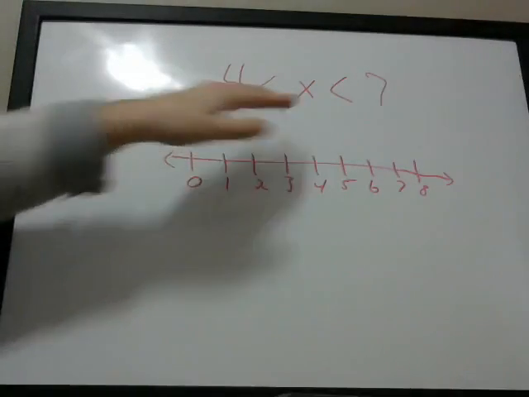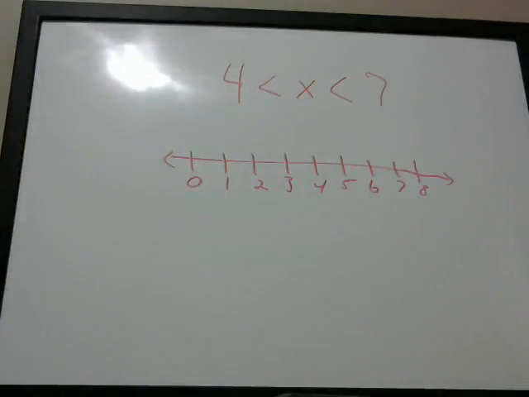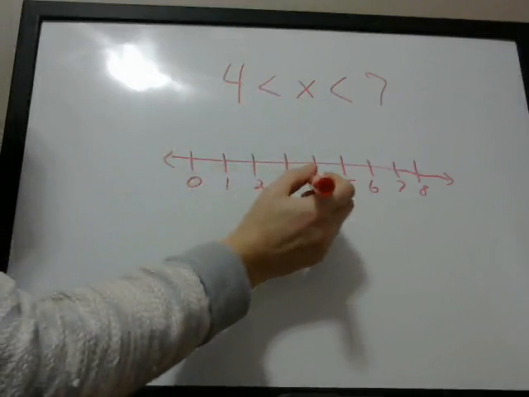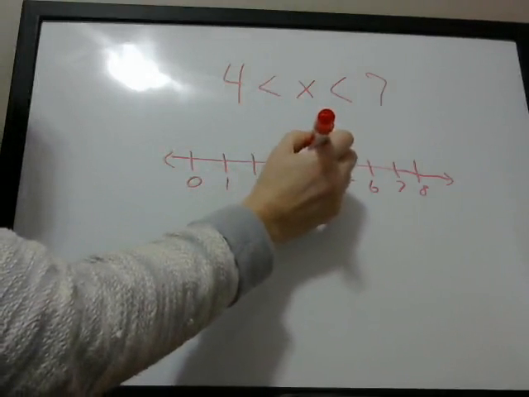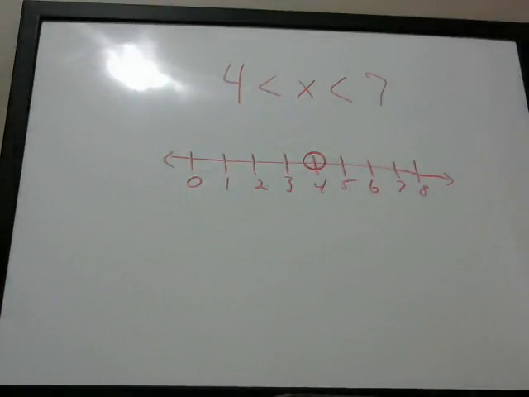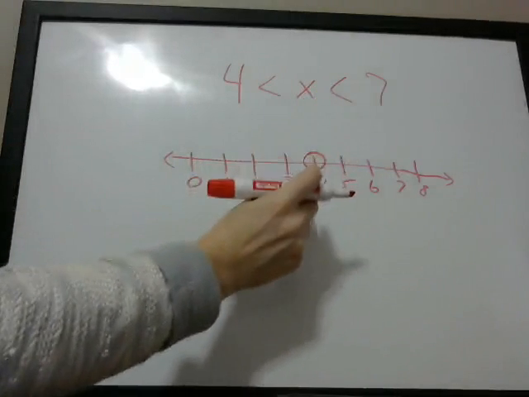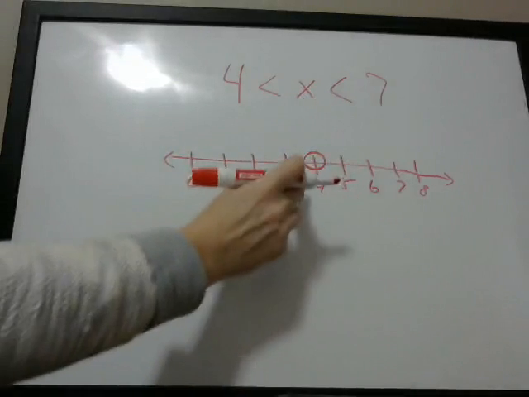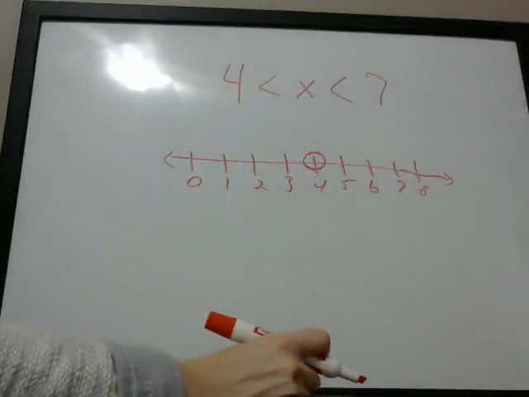So here x is greater than 4, so it's not greater than or equal to, so it can't equal 4, so it's greater than 4. So we put an open circle on the 4. If it was greater than or equal to, we would fill that in, indicating that it could also equal 4. But this is showing that it's bounded on the left-hand side by 4.